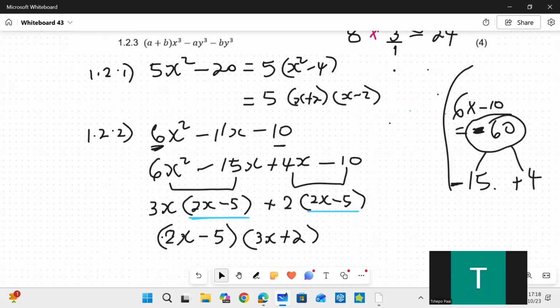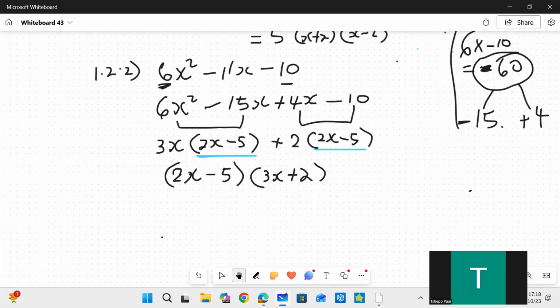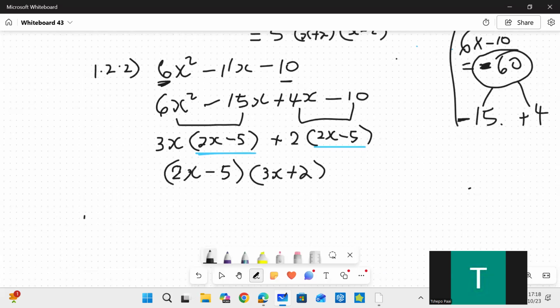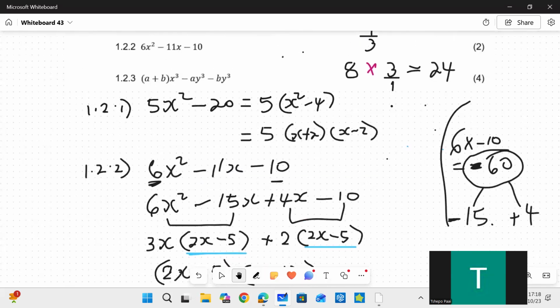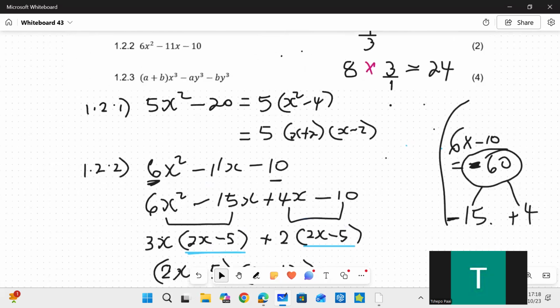Then we look at the last one, 1.2.3. What are we given there? You are given a plus b, x cubed, minus ay cubed, minus by cubed.